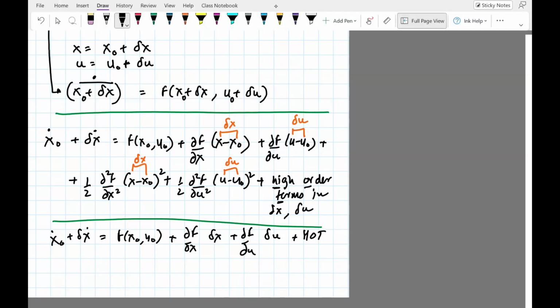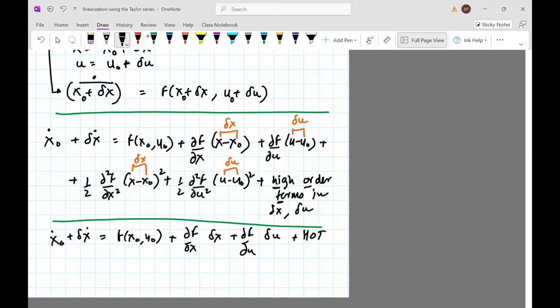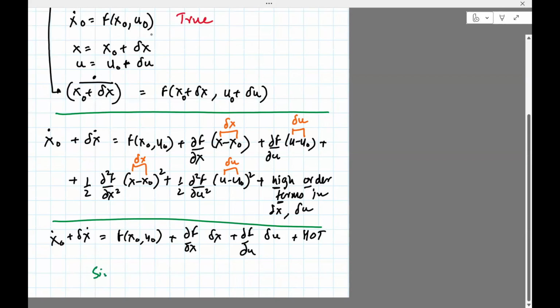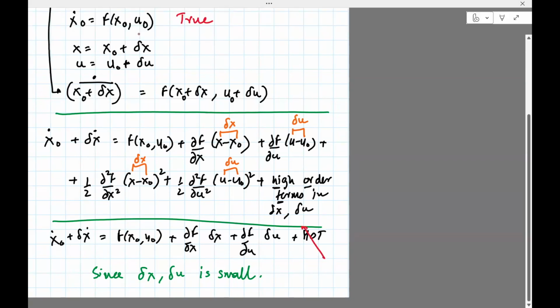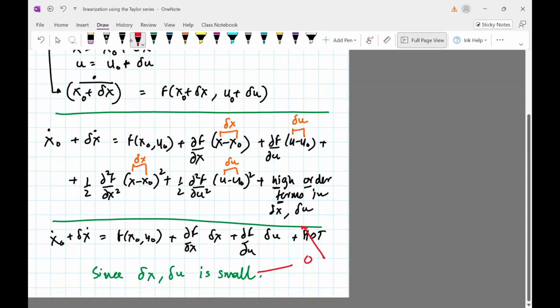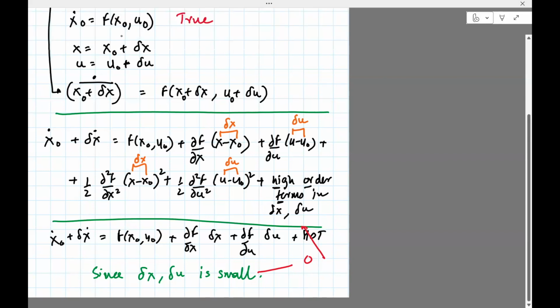Okay, since delta x and delta u are small, because you're doing small increments about the operating point, you can say that these HOT terms are zero, because they are small. Yes, so I'll rewrite this equation down.